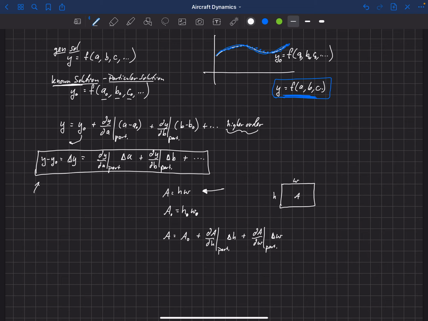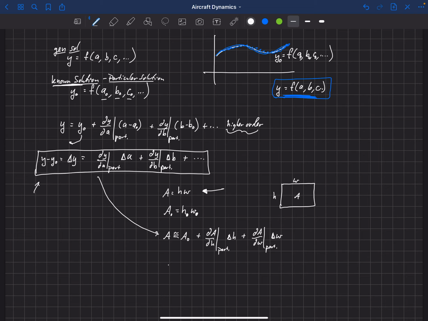Okay, so all we've done is use this equation to figure out what our general solution to area would be, and this really is just an estimate, since we're just including the first order terms. So let's plug this in and see what we would get.